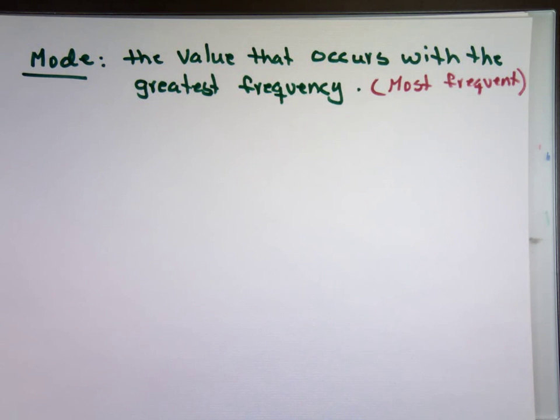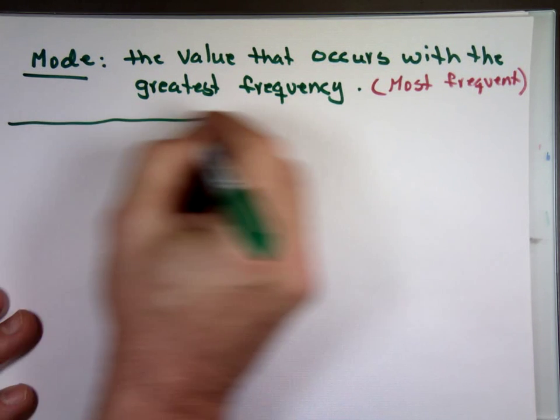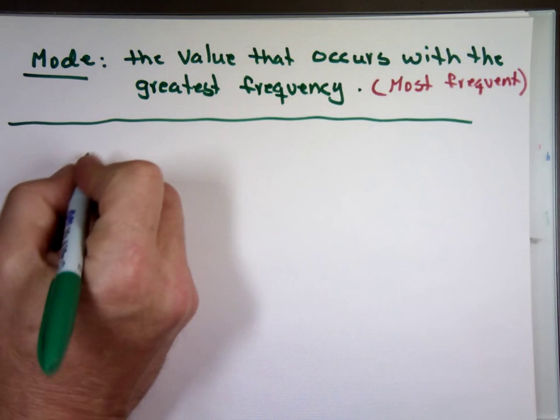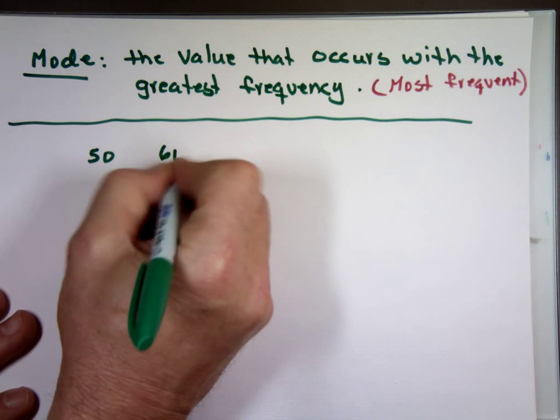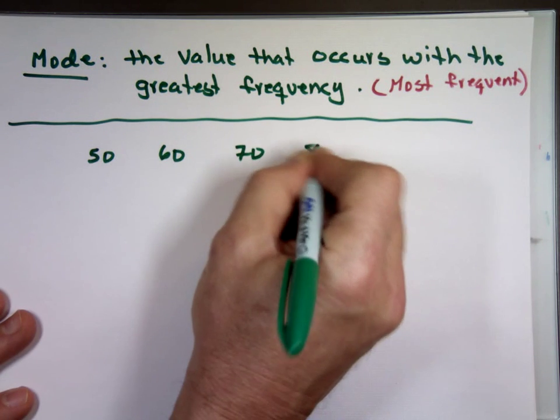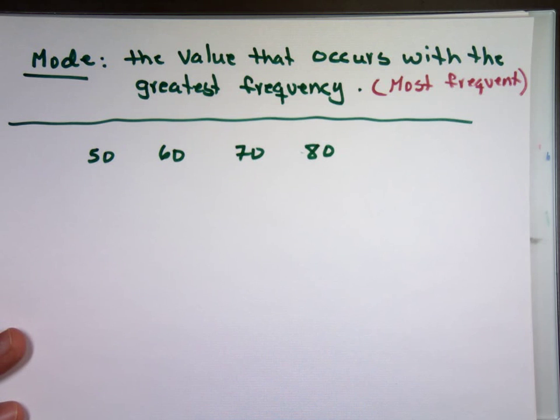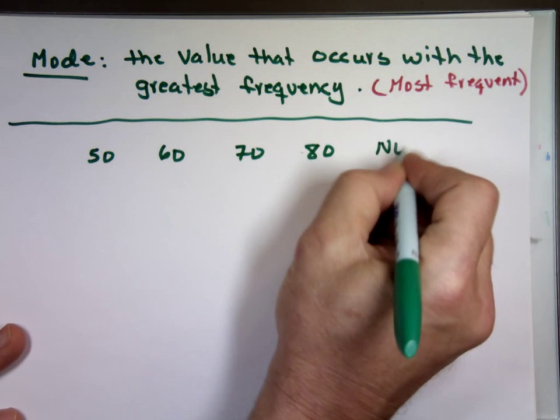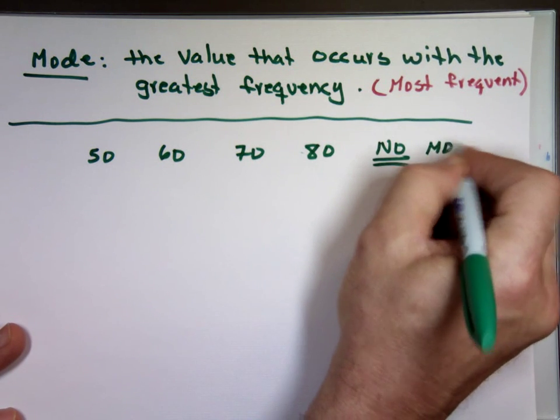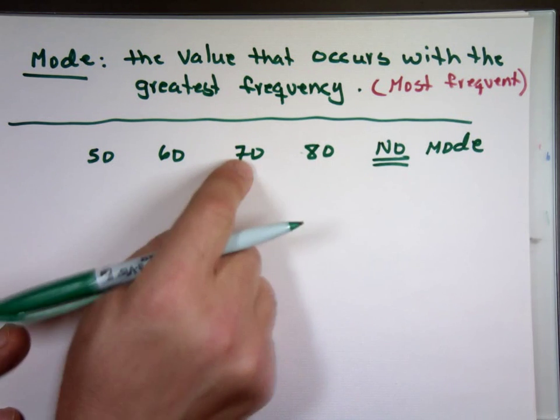So here are some numbers. 50, 60, 70, 80. What's the mode? No mode. There is not a single number that showed up more often than the rest of them.